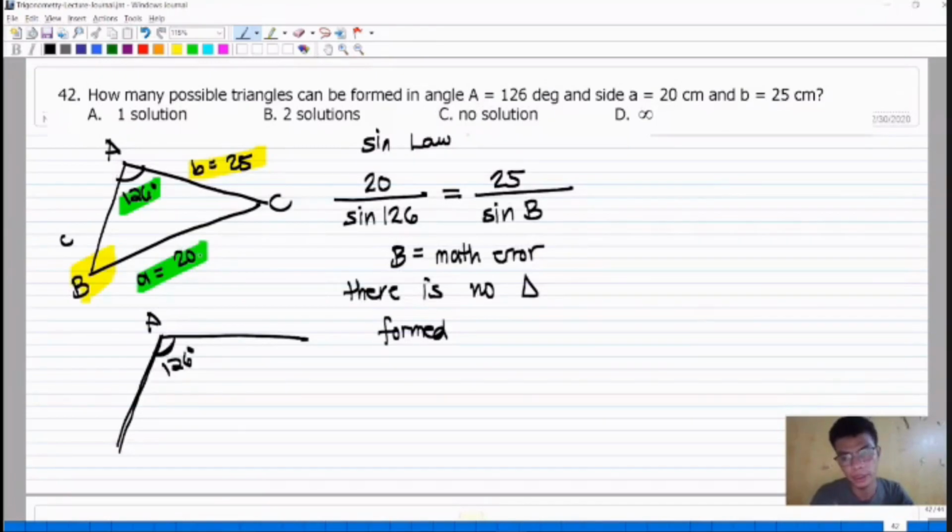Pero kung titignan natin, si side B is 25, and then si side A ay 20 lang. Ibig sabihin, hindi natin na-enclose yung mismong triangle natin. Kasi 20 lang itong side na ito. Mas dapat siya ang pinakamalapad na side kasi siya ang may opposite na pinakamalaking angle. The answer is no solution. Letter C.